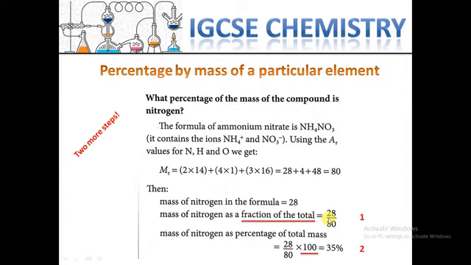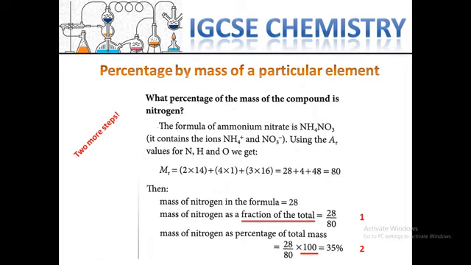So we need to make a fraction: the total nitrogen over the total molecular mass.